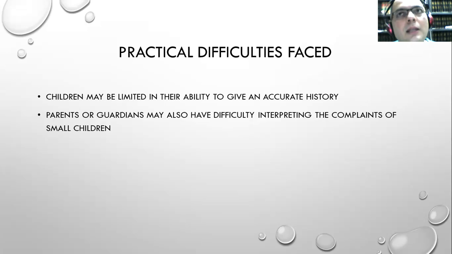But many a time, even the parents or guardians who have come along with the child may not be able to interpret every complaint of the child, because they might not have that exact understanding of what the child wants to say, since the child is irritable, or they might have difficulty interpreting the complaints of a small child, or the parents might be too anxious to put things into words.